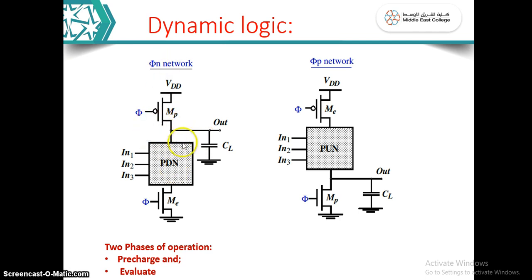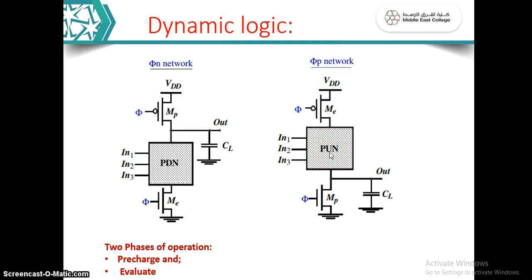The same expression you can implement in dynamic logic by using a phi p network, where we will use only the pull up network. So whatever the given expression, you will implement by using the PMOS transistors alone, only with the pull up part, and then these are your primary inputs. Accordingly you will apply them, and then you will take your output.